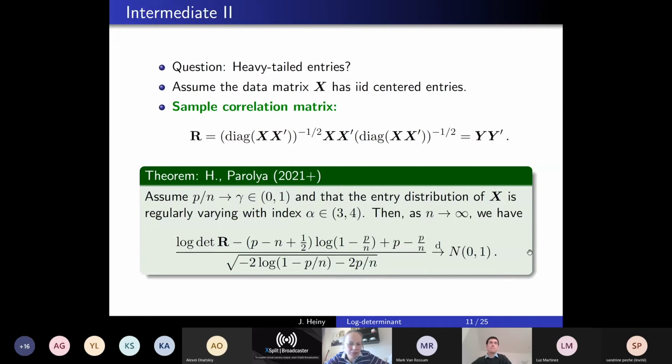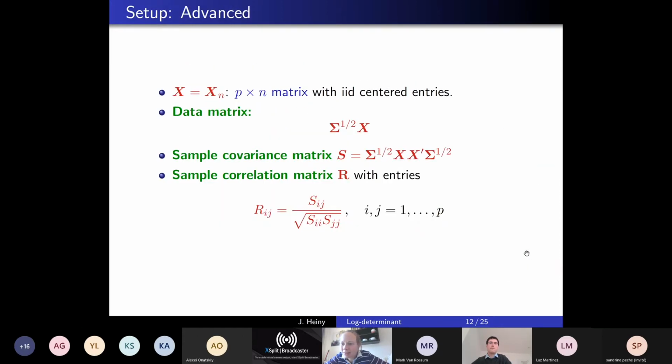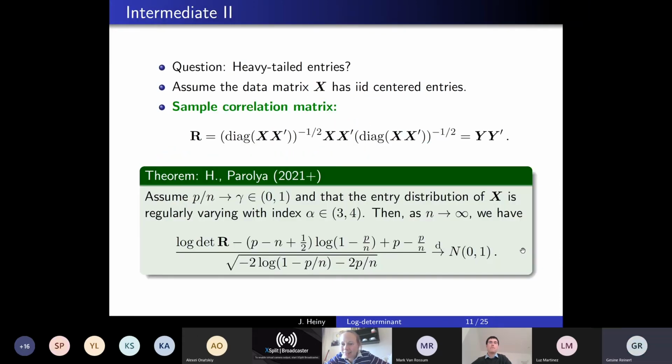Okay, so there seems to be a raised hand. Yes, that's me. As we are asking questions already, can you say anything about the rate of convergence for these central limit theorems? No, we didn't look at the rate of convergence. Okay, thanks.